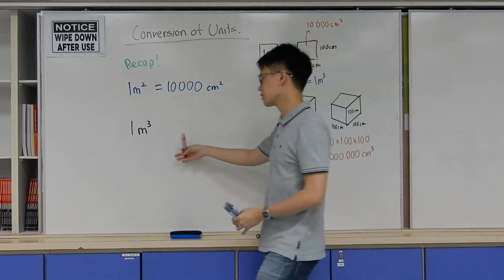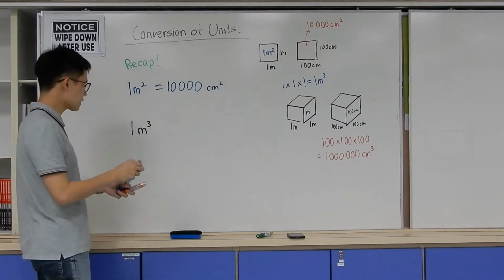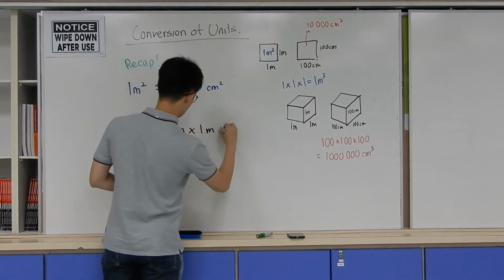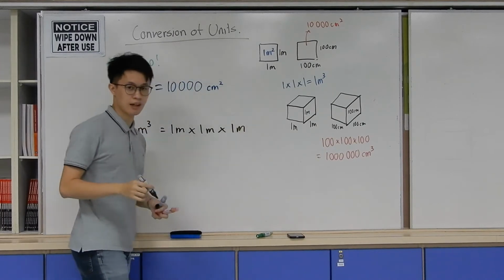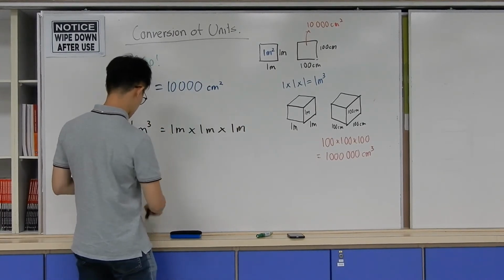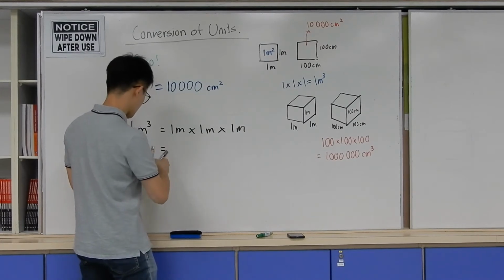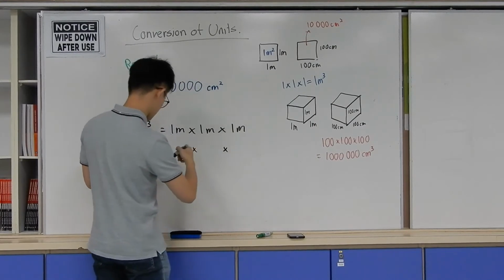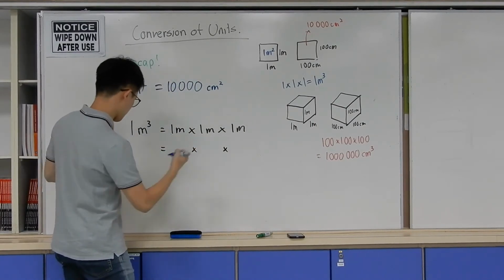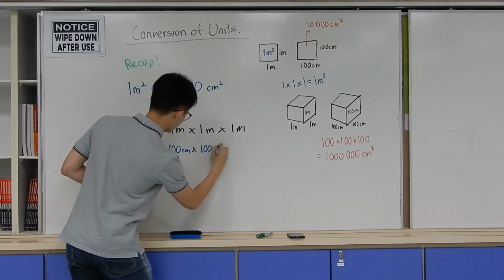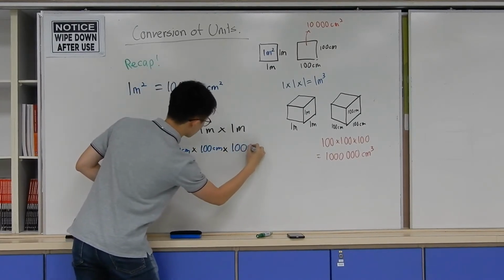Hence, you can deduce that 1 meter cube is simply 1 meter times 1 meter times 1 meter. And we know that 1 meter is equal to 100 cm, so I'm going to replace it here: 100 cm, 100 cm, and 100 cm.